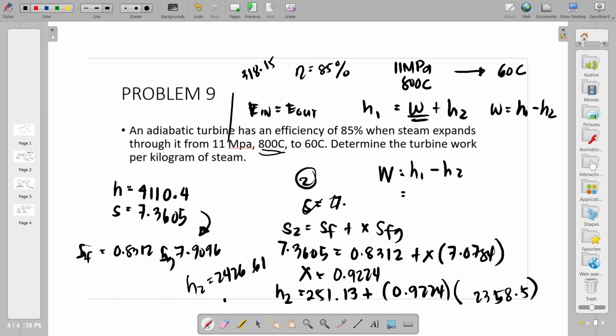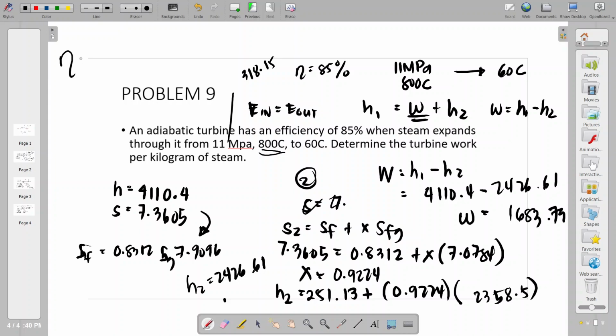So, ang H1 natin ay equivalent sa 4110.4 minus H2 ay 2426.61. So, ang ideal, 4110.4 minus 2426.61 ay equivalent sa 1683.79. But, may binigay siyang efficiency at actual lang hinahanap.